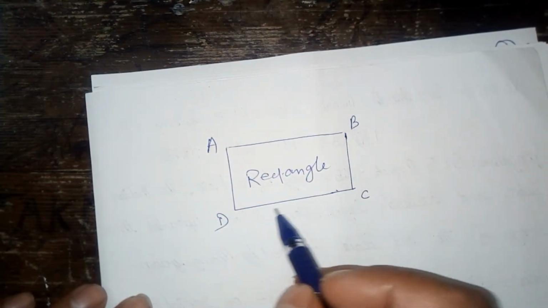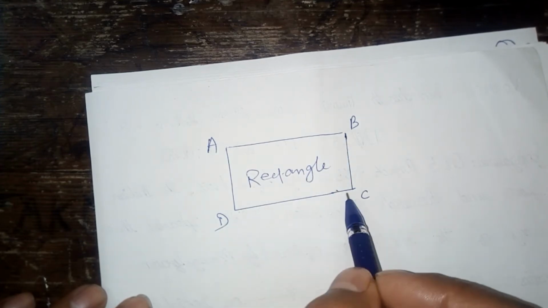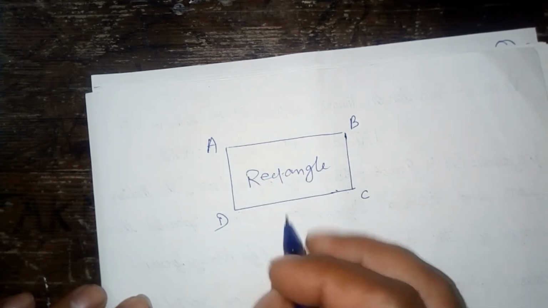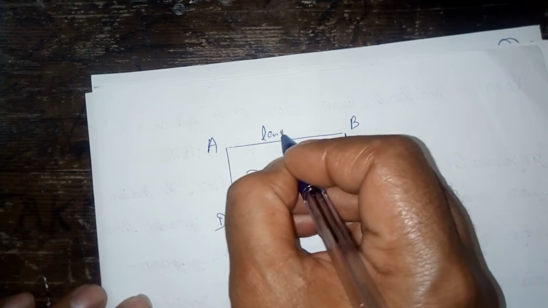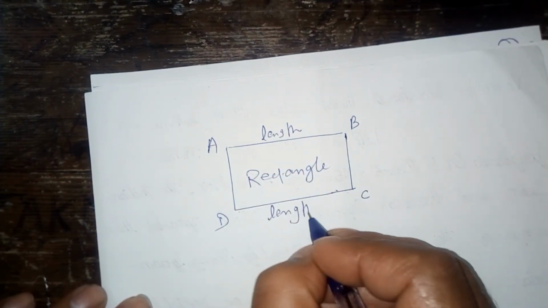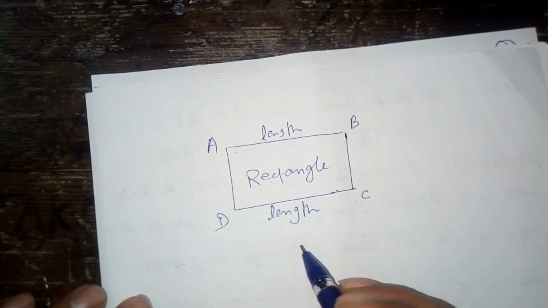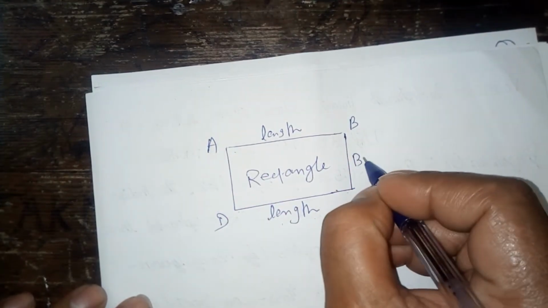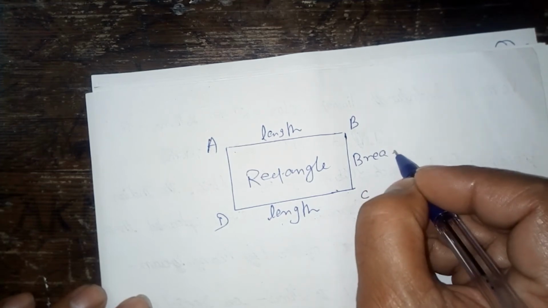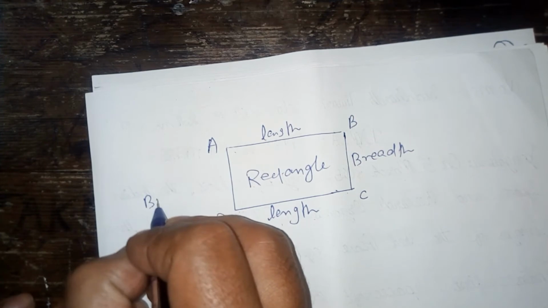Now in this rectangle there are two lengths: AB and DC are length. BC is breadth, and AD is breadth. Okay.